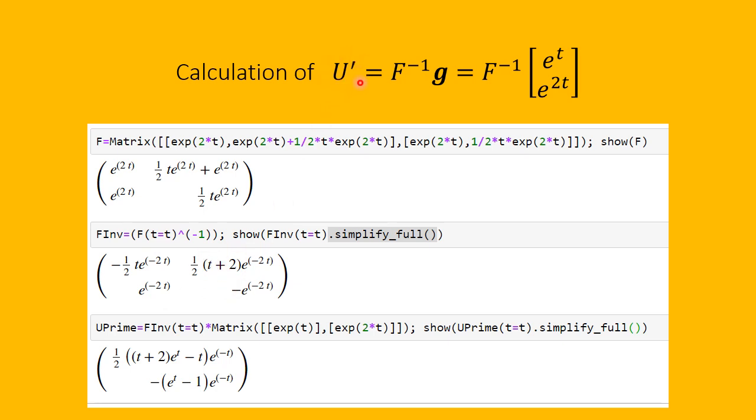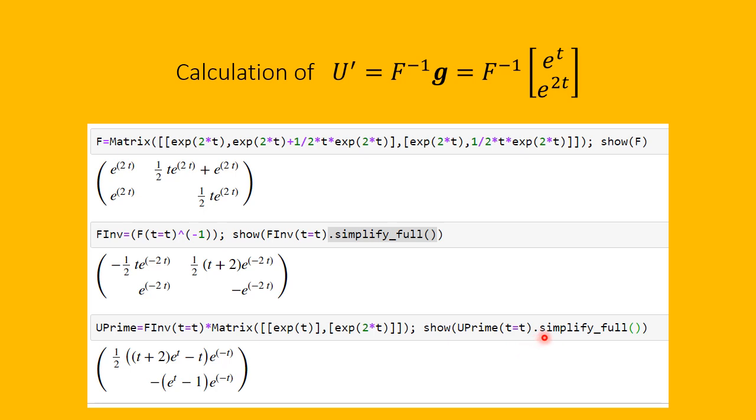And then I want to compute the derivative of u with respect to t, u being a column vector with components u1, u2. So u prime, this thing right here, is just F inverse of t times this matrix that we have right here. The first row is just e to the t, the second row is e to the 2t, as we see up here. And after we multiply this out, let's show what u prime of t is.